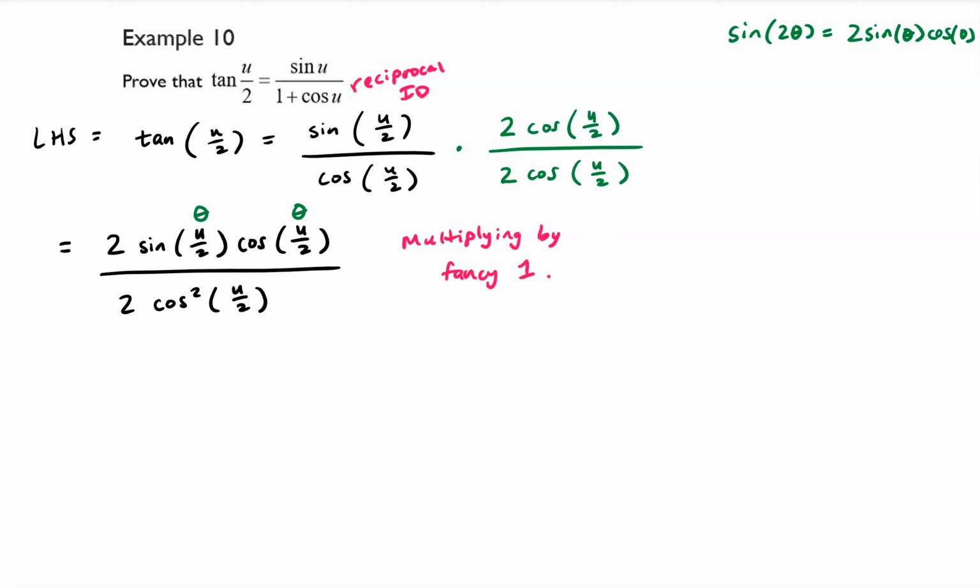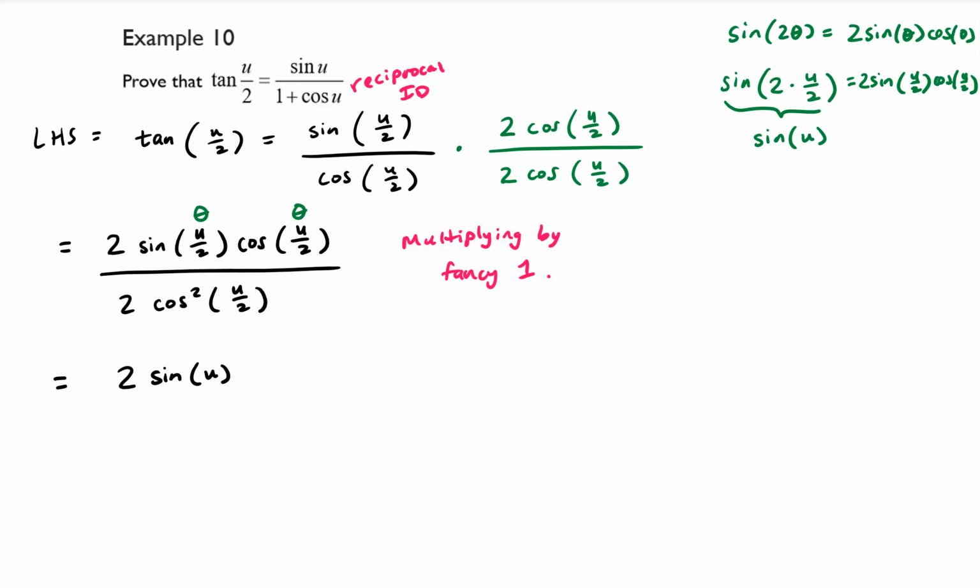And so we can substitute the numerator there with sine of 2 times u over 2. And so sine of 2 times u over 2 just simplifies to sine of u. So this is going to equal sine of u.